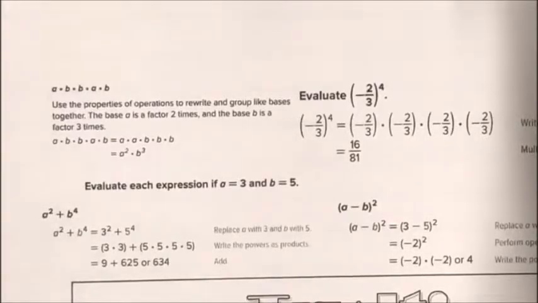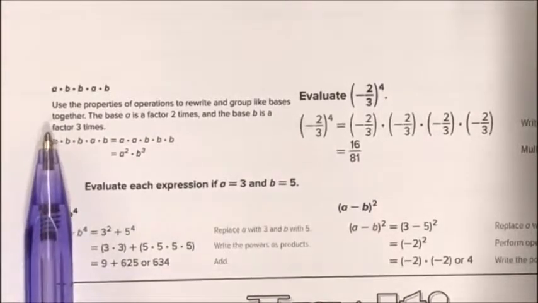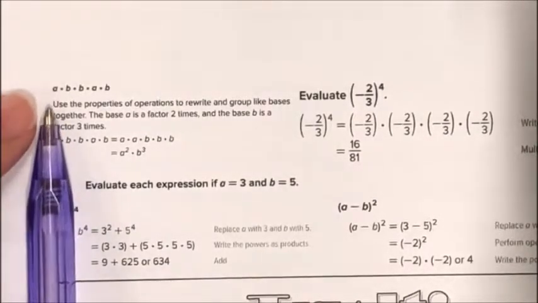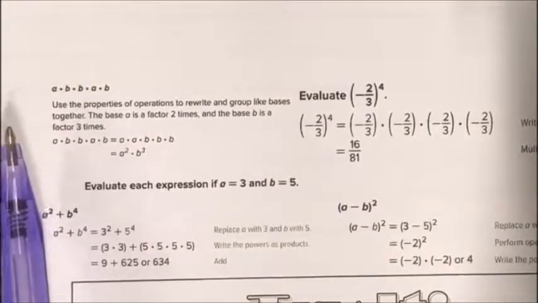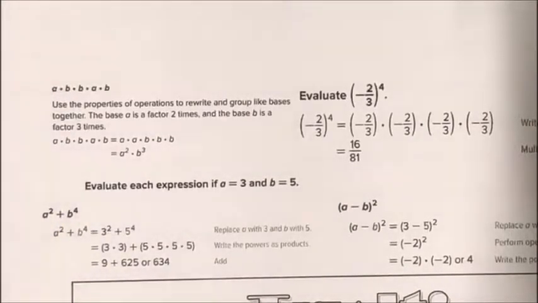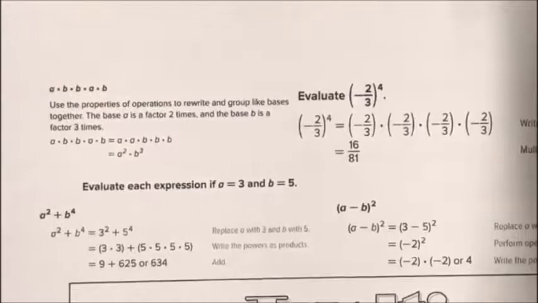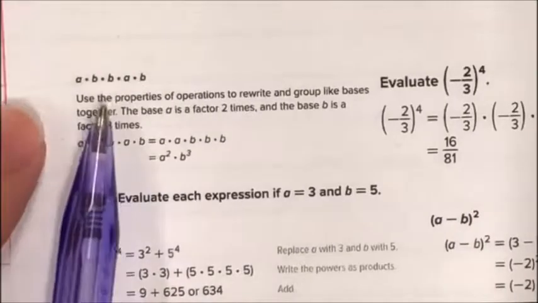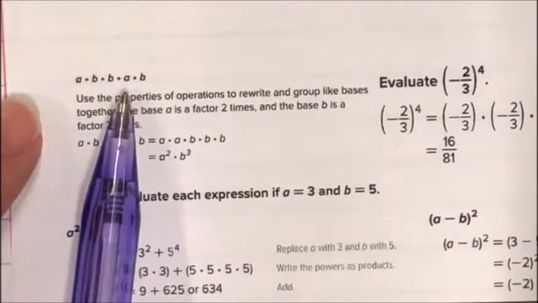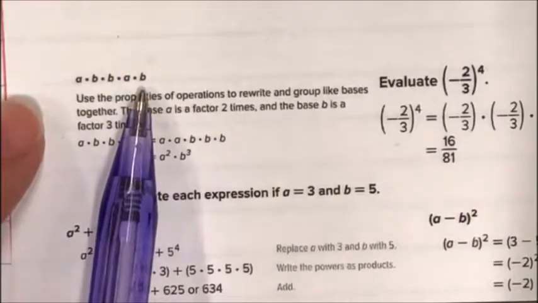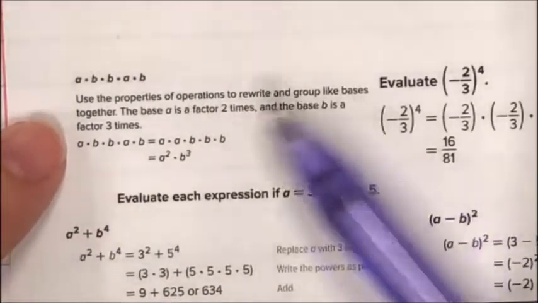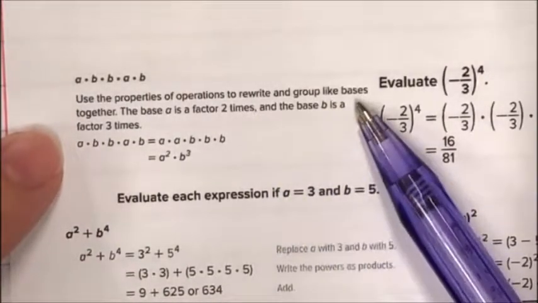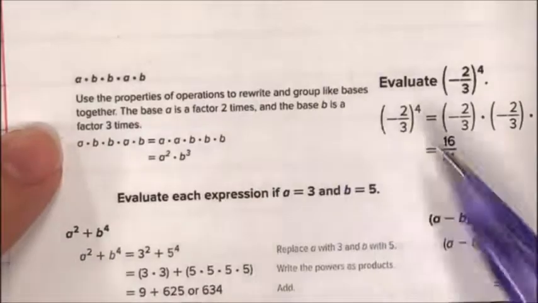So the first thing is this up here. Let me make it a little bit bigger, a little bit easier to see. So this tells me A times B times B times A times B. So I want to use the properties of operations to rewrite and group like bases together.